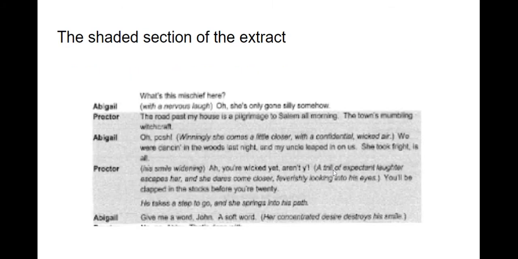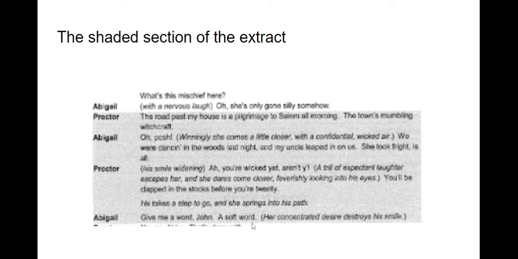So the shaded section is this, and I'm sorry that it's come out so fuzzy. It's because I scanned it and then copied and pasted it, and it hasn't come out too well, but I'm sure you'll be able to find this moment in your own scripts. The first line here being Proctor saying, "The road past my house is a pilgrimage to Salem this morning, the town's mumbling witchcraft," up to Abigail saying, "Give me a word, John, a soft word."